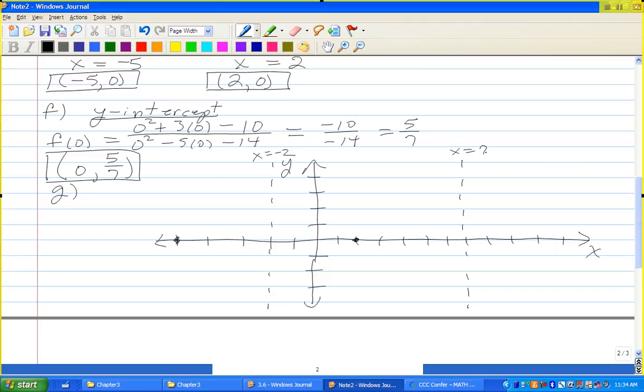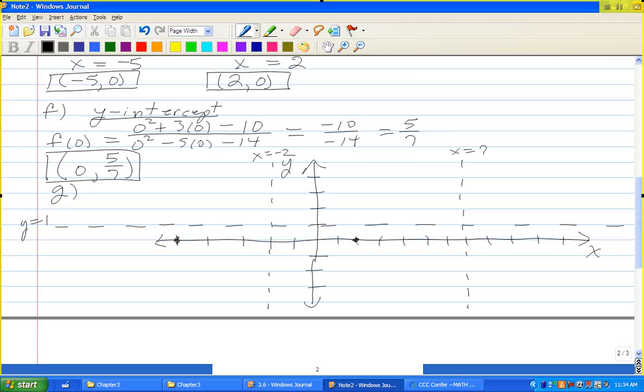So those are my asymptotes. And y equals 1, that's your horizontal asymptote. Okay.